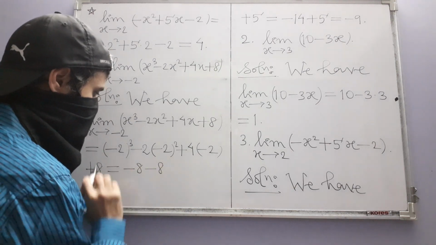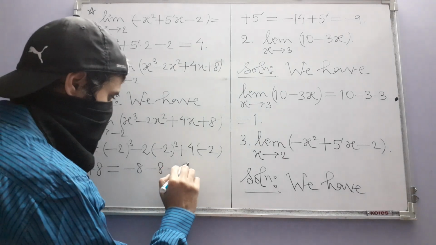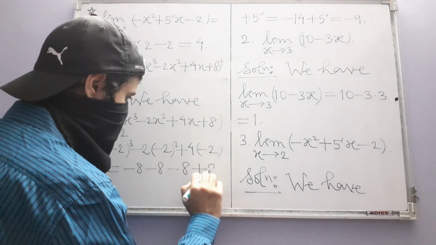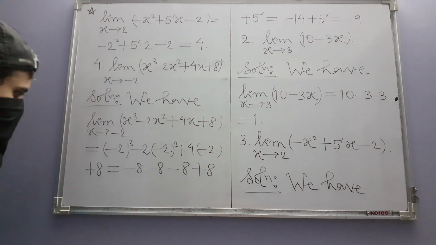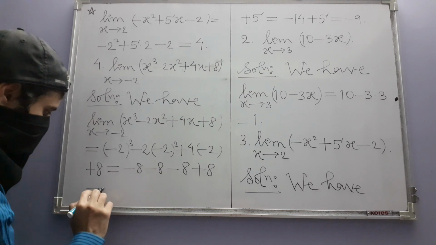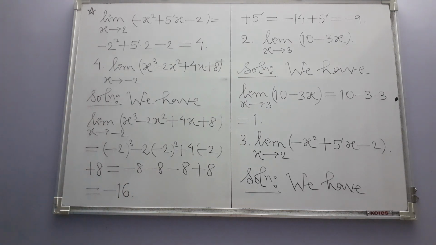That means another minus 8. Then again from here also we get minus 8, and the last term is plus 8. So these two cancel each other and we are left with 2 minus 8s. That means minus 8.